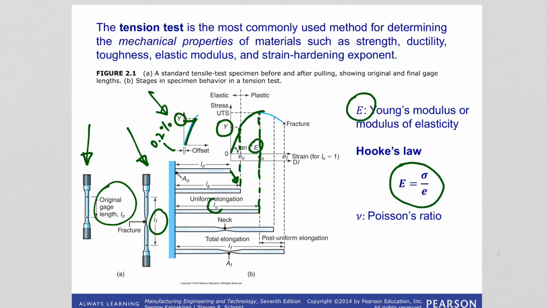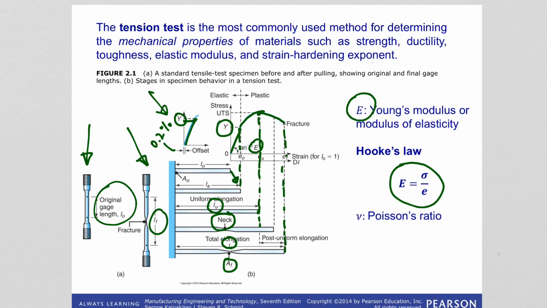After this, necking forms and the cross-sectional area starts to decrease. After that, we reach the fracture strain, fracture length, and fracture area, where the sample goes through fracture and fails.